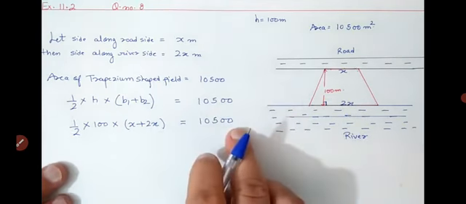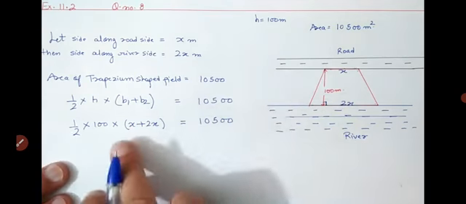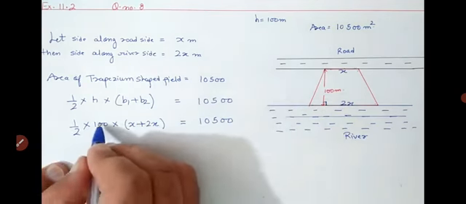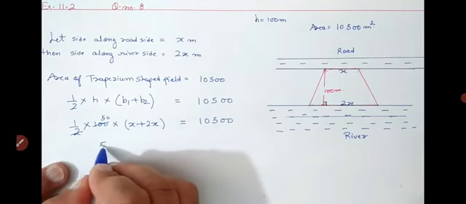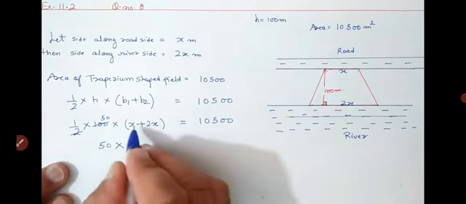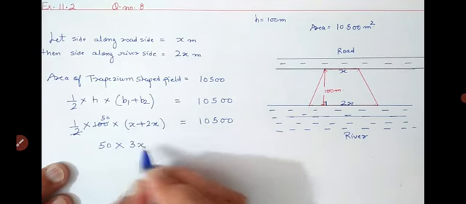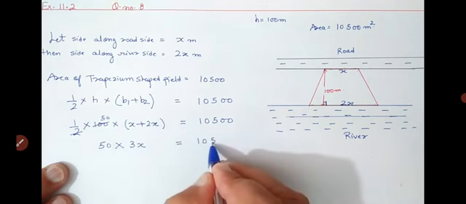x plus 2x is equal to 10,500. Okay, so let's solve it. 1/2 x, 2 1s are 2, 2 5s are 10 and 50. 50 into x plus 2x, that is 3x, is equal to 10,500.